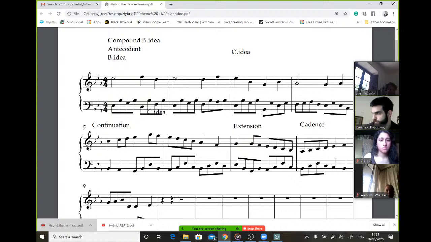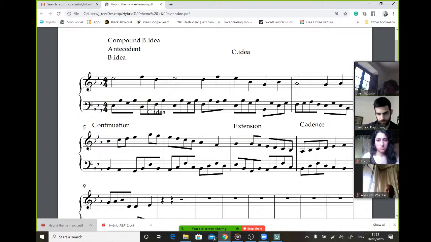So in that sense it's contrasting, but it will not be contrasting in the harmonic sense. Obviously in a period it's contrasting in the harmonic sense as well. It's very contrasting.